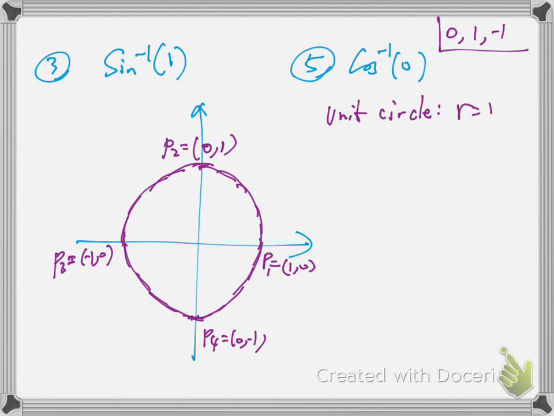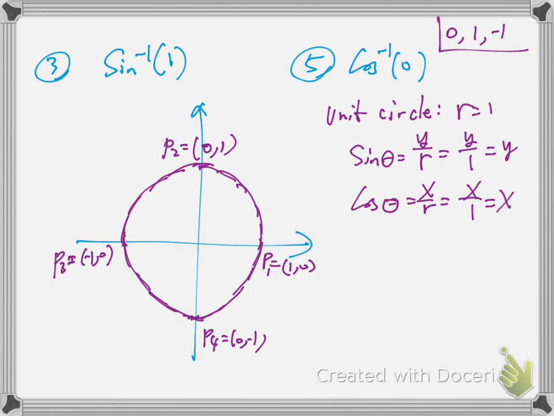r is 1, so sine theta is y over r, so y over 1 is y. So sine is y, and cosine is x over r, so x over 1 is x. So now we know, let's change the color. This will be cosine 0, the rotation 0 degree.